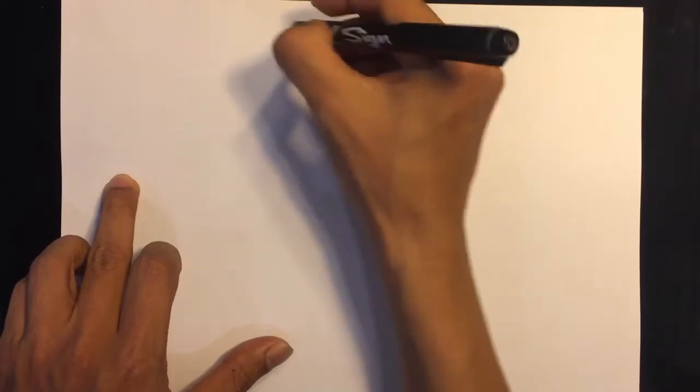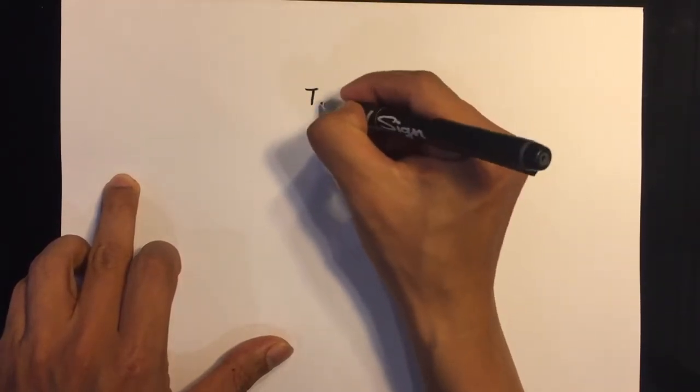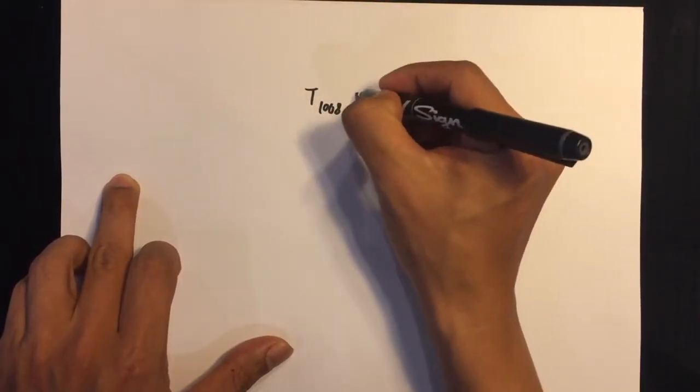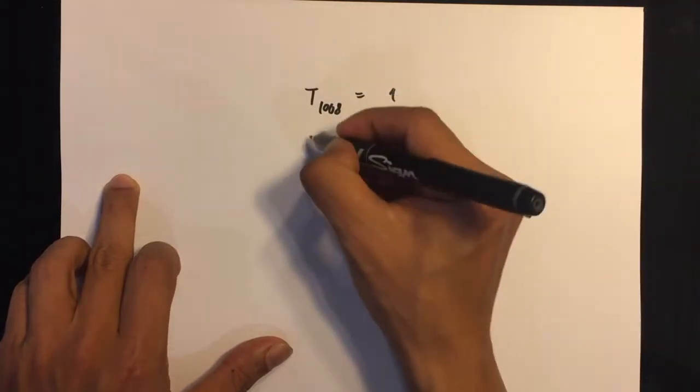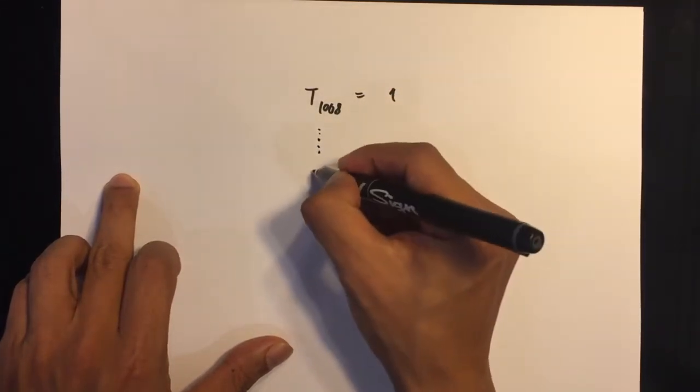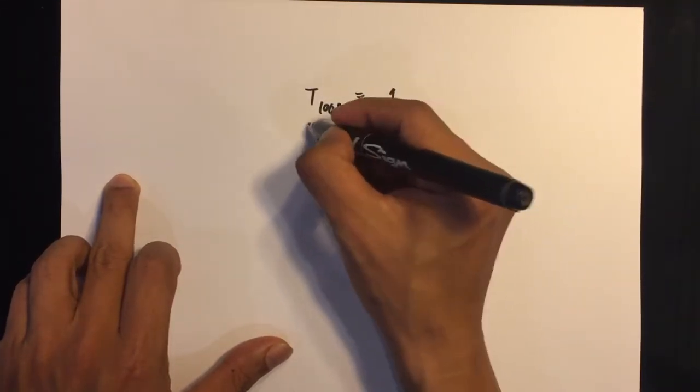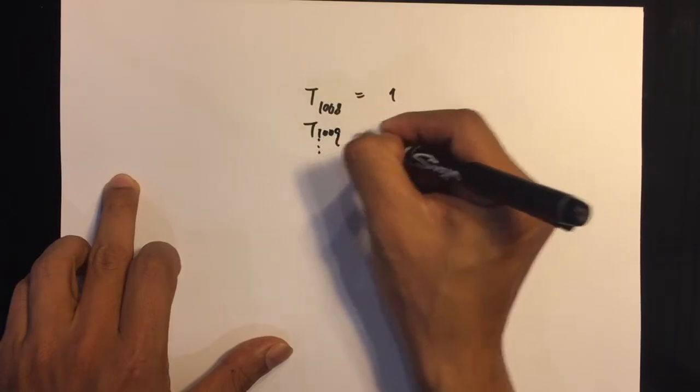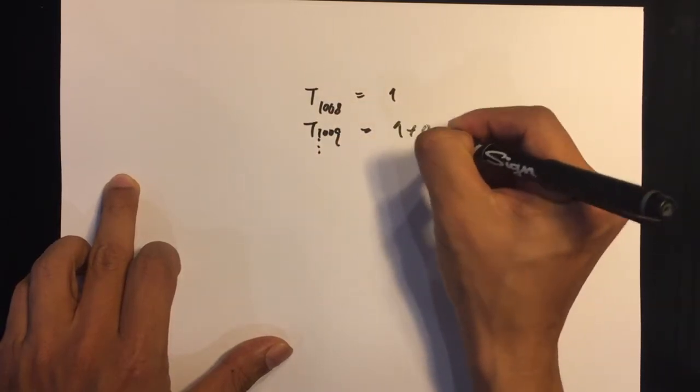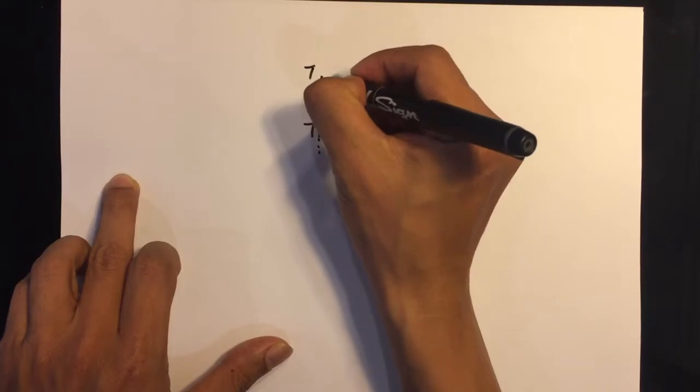you'll find that T1008 is equal to 1, and T1009 is equal to 1 plus the common difference.